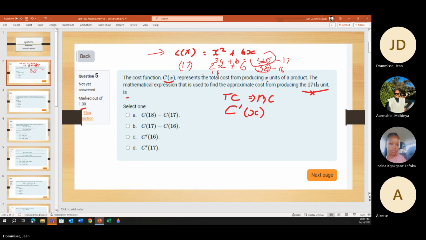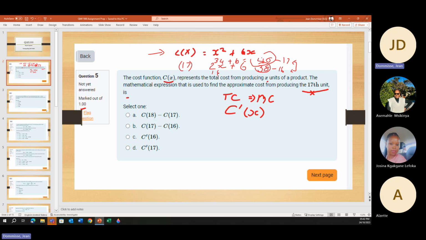Okay, so marginal cost does not give you the cost of the 17th unit, it gives you just the increase of a 17th unit. Because here we can see with a 16th unit, if I put that in, my marginal cost will be 38.